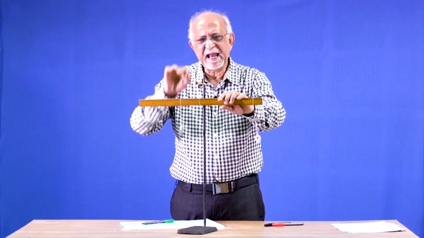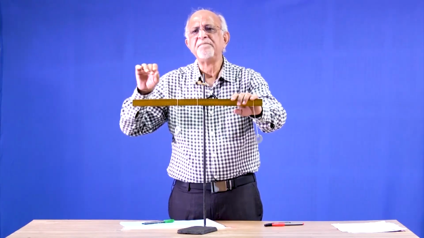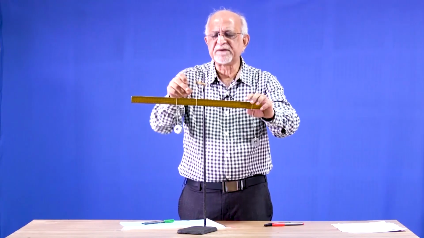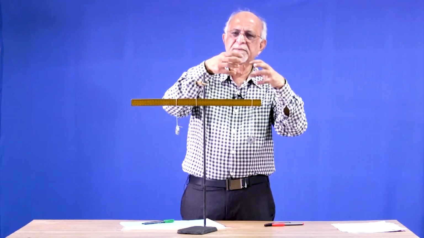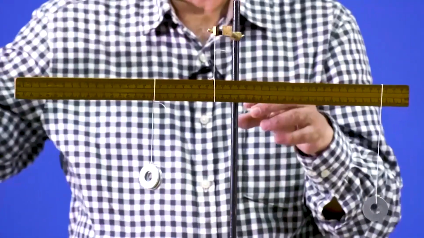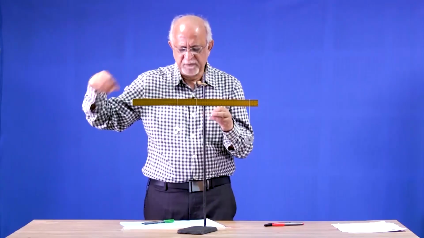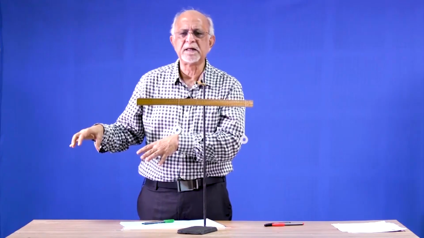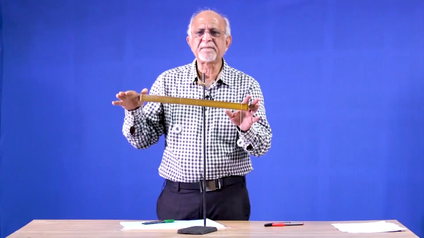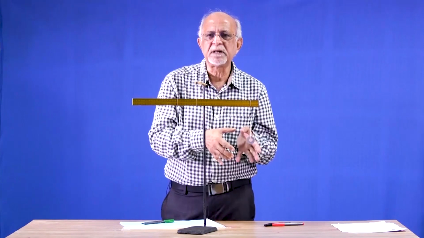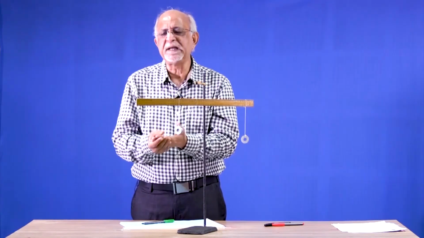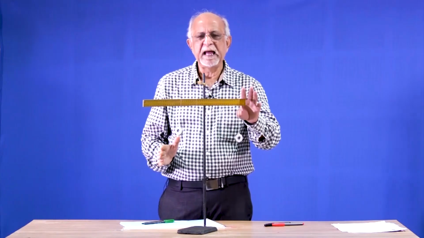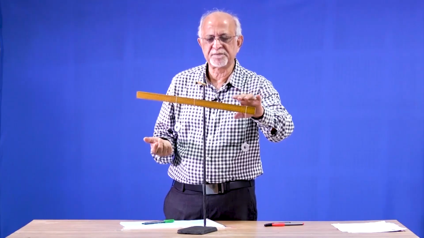In the shops they use equal arm balance, and weights are placed equidistant from the fulcrum. Once they put some sugar on one side and a 500 gram weight on the other side and get the balance, they say that sugar weighs 500 grams. Actually this g cancels out, and ultimately that becomes the mass of the sugar.